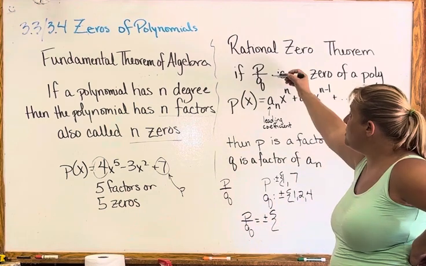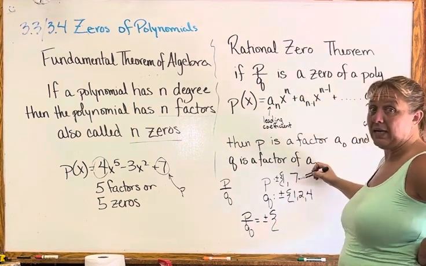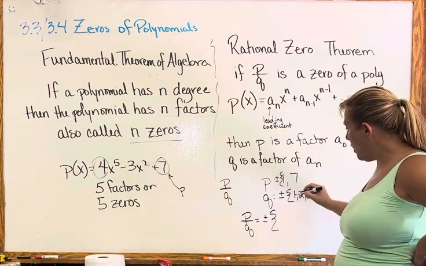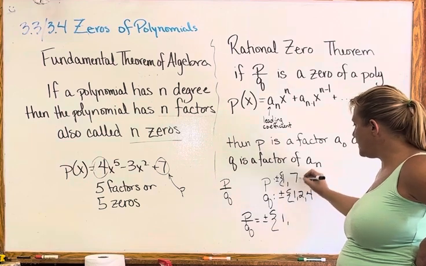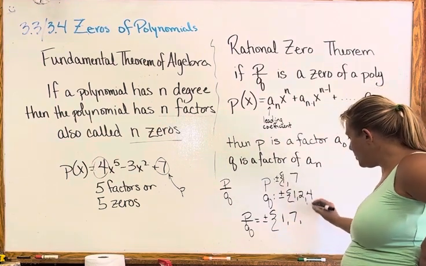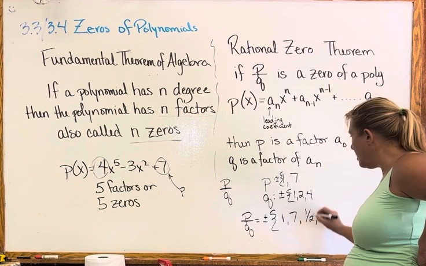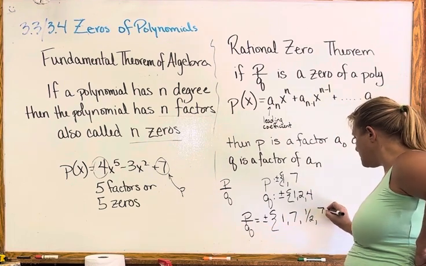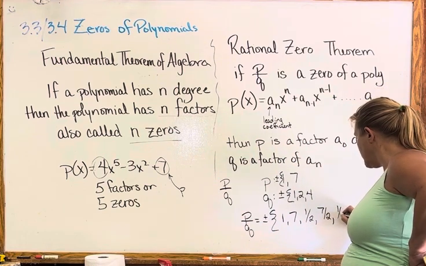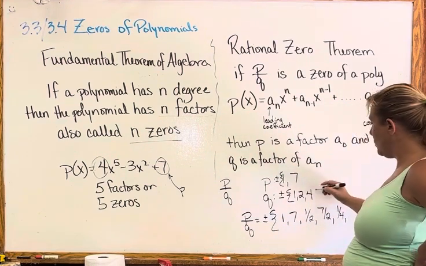And what we need to do is make all the fractions with the P's on the top and the Q's on the bottom. So we'll have 1 over 1, 7 over 1, then 1 over 2, 7 over 2, then 1 over 4, 7 over 4.